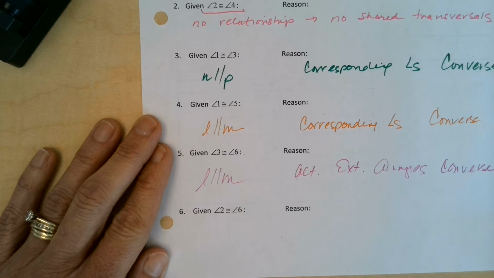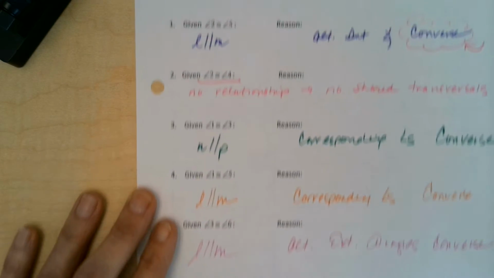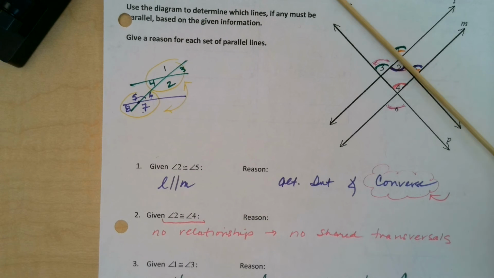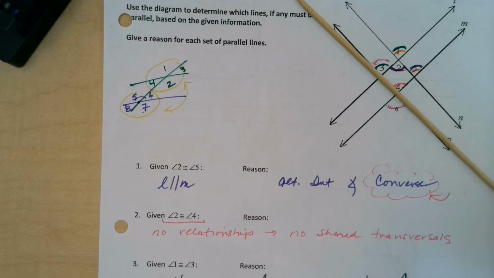Now, if you're passively sitting there and not doing, I'm going to ask you to do this one. Pick up your pencil and try to find a transversal that 2 and 6 share.